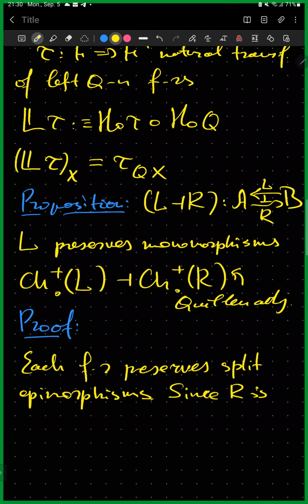Since R is a right adjoint, it implies that R is a left exact functor.